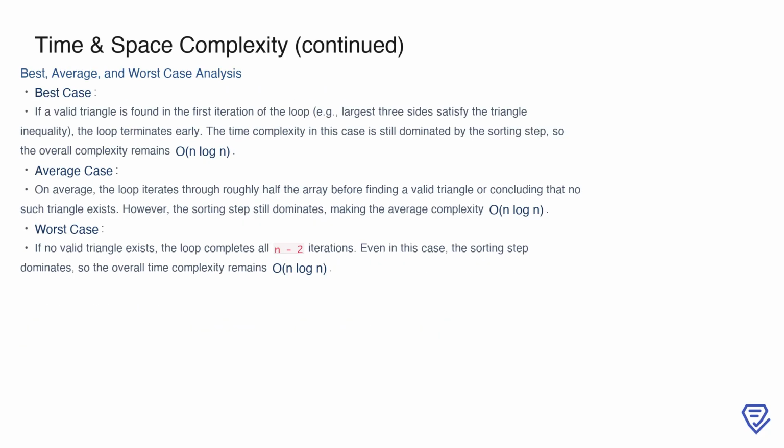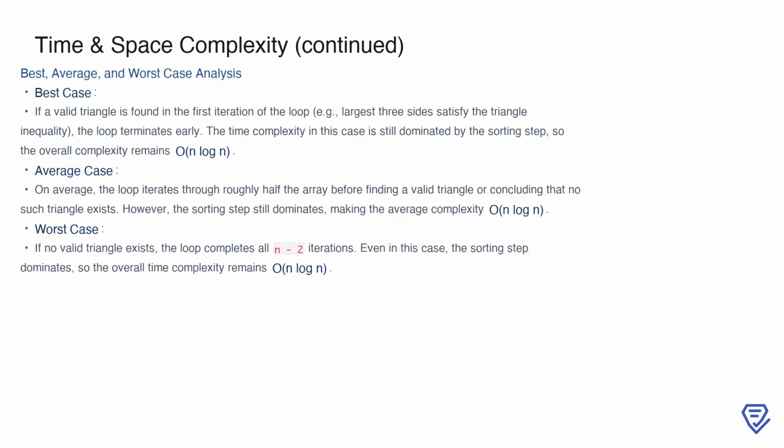We can also analyze the best, average, and worst-case scenarios for this algorithm. In the best case, a valid triangle is found in the very first iteration of the loop. Even though the loop terminates early, the sorting step still dominates, so the overall time complexity remains O(n log n). On average, the loop will iterate through about half the array before finding a valid triangle or determining that no valid triangle exists.